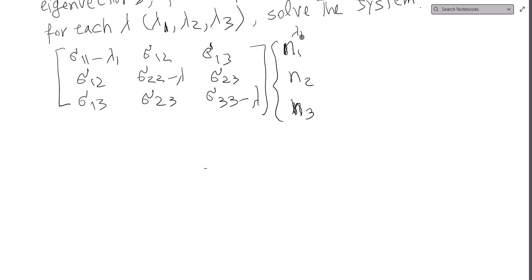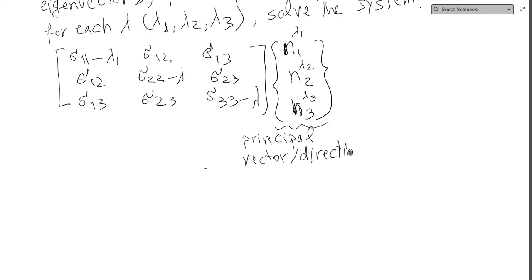and I put a lambda 1 here, not to crowd the symbols, but this is basically the principal vector or direction associated with lambda 1, or sigma 1, if you like.